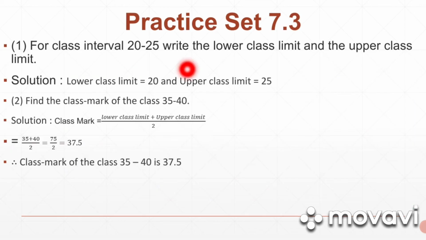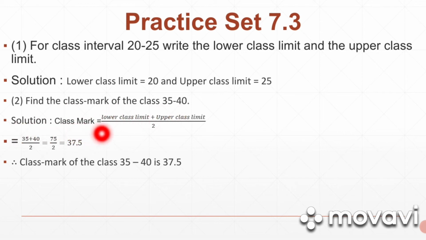Let us solve practice set 7.3. Question 1. For class interval 20 to 25, write the lower class limit and the upper class limit. Solution. The lower class limit is 20 and the upper class limit is 25. Question 2. Find the class mark of the class 35 to 40. Solution.